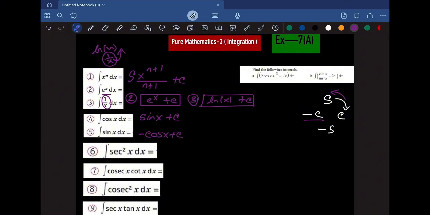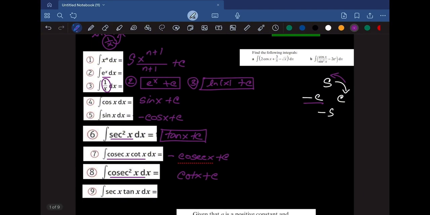And the second point, there are some formulas that you guys will have to memorize. They have given us sec squared x. Sec squared x becomes tan x plus c. You will have to memorize this formula. Cosec x cot x becomes minus cosec x plus c. Cosec squared x becomes minus cot x plus c.